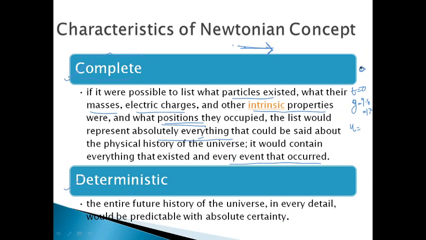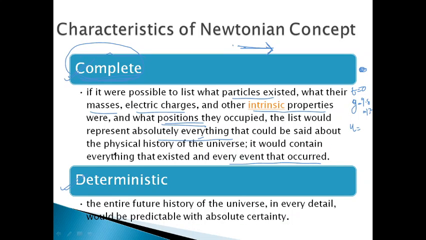In a similar manner, the history of all the particles in the universe can be predicted. If we list out all the properties, position, mass and others, and their evolution is determined according to certain equations, that could describe the complete picture of the universe. That is the concept of completeness.